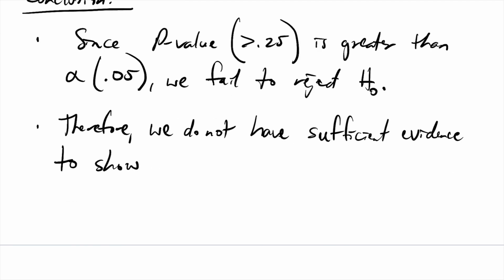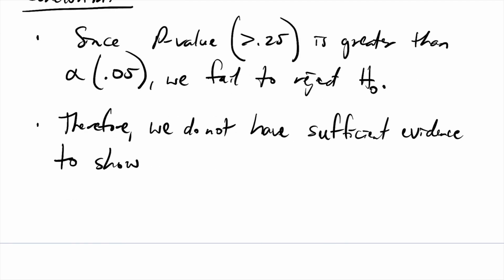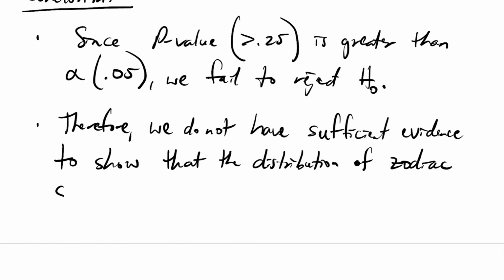That the distribution of zodiac signs for CEOs is uniform? Or not uniform? Is not uniform. Good. To show that the distribution of zodiac signs for CEOs is not uniform.